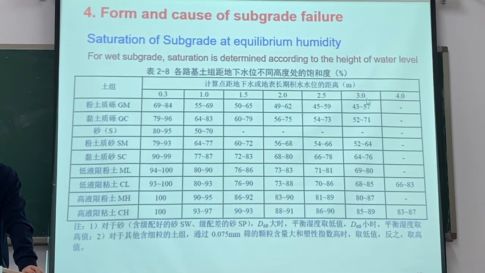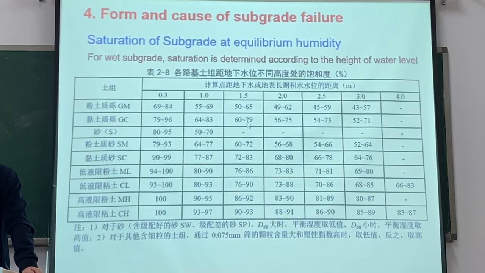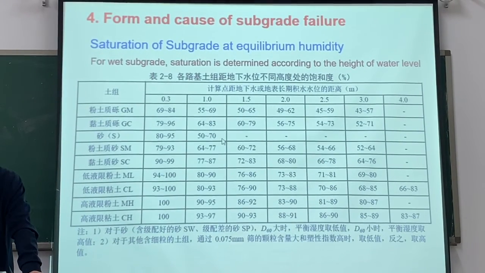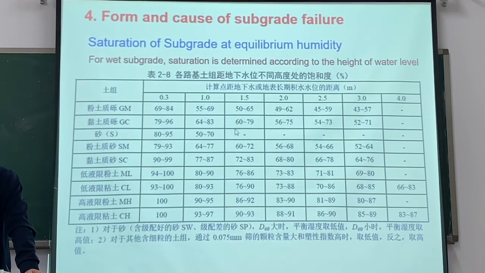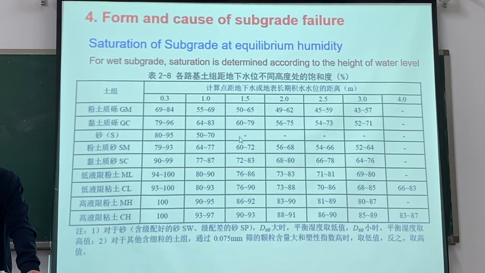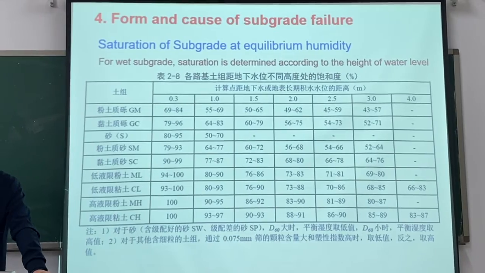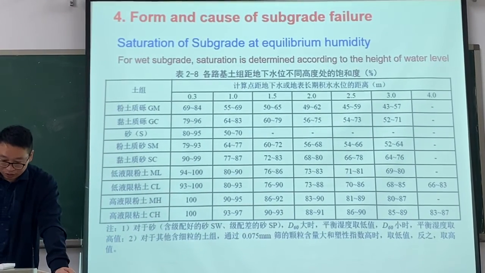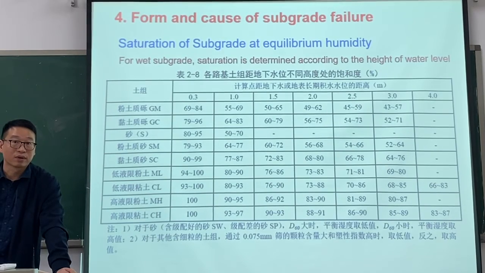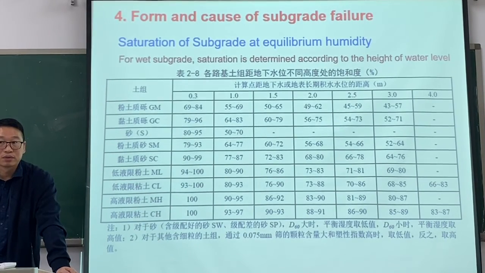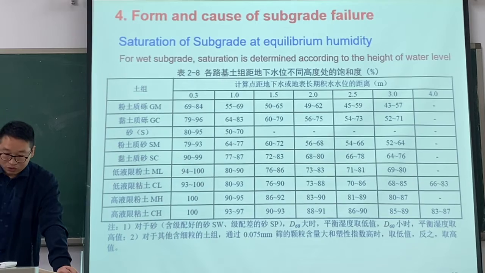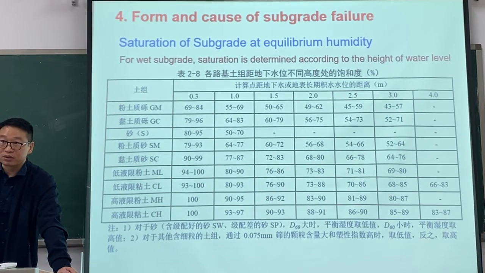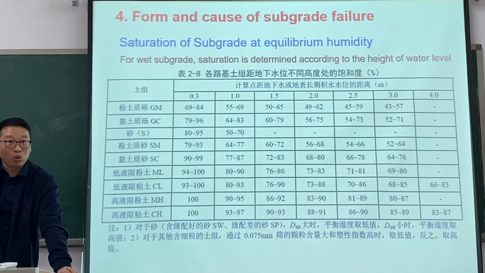But when the depth to the groundwater is larger than 1 meter, we should not consider or calculate the saturation of sand, because the capillary rise in sand is lower than 1 meter.